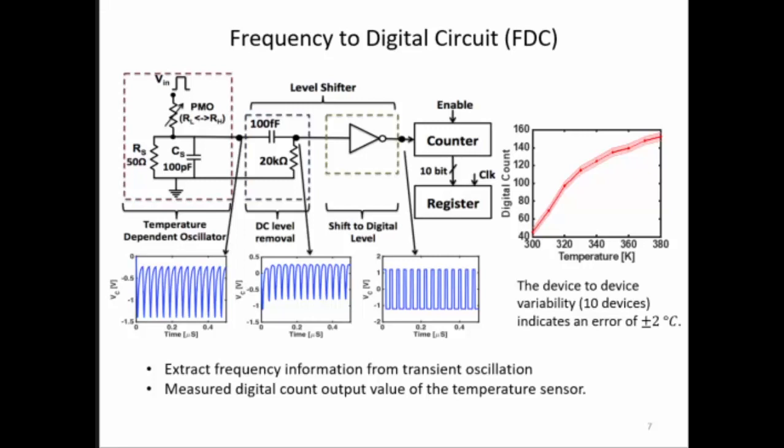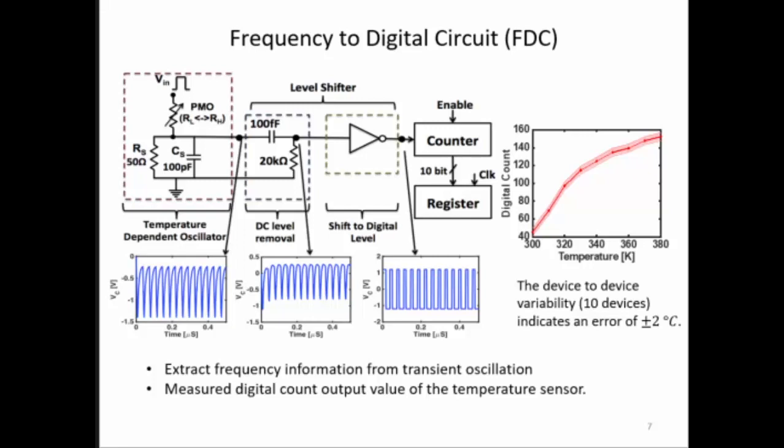This part of the circuit is not new, which is connected to take the output of my temperature sensor. What it does is simply remove any DC bias and any noisy behavior which could lead to additional digital counts which are not because of the temperature but noisy variations.